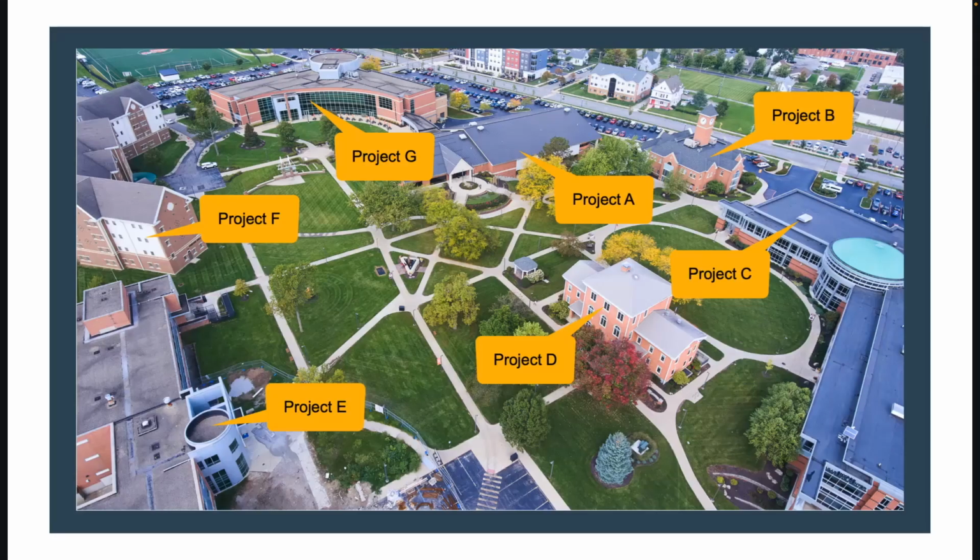So as we begin, I want to talk about programs and projects. There are quite a few projects throughout the world which actually aren't projects, they're programs, which means that you have a large program that is composed of multiple projects. So this campus example right here has project A, B, C, D, E, F, G. This is a program.